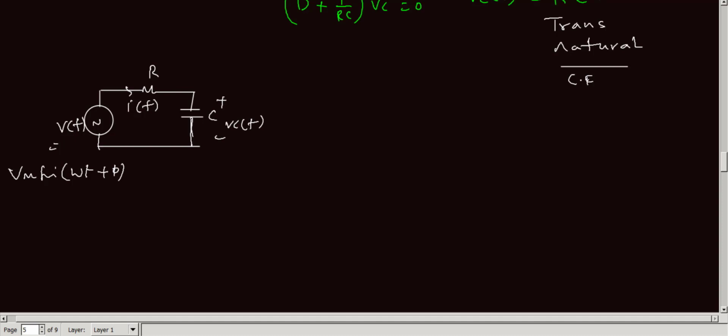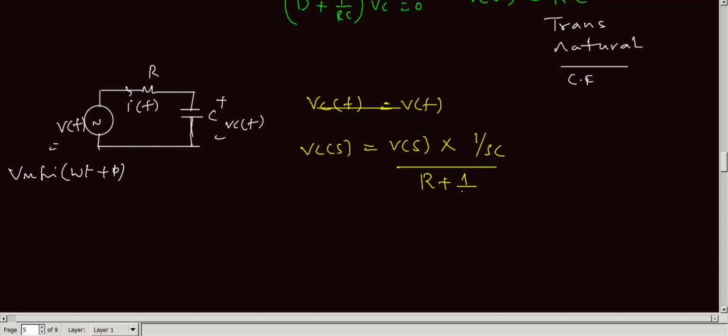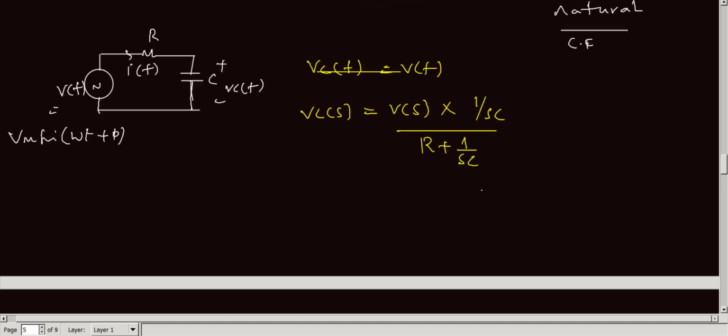I want to do the steady state analysis, so I apply Laplace. Vc of s equals V of s into 1 by sC divided by R plus 1 by sC. So Vc of s by V of s equals 1 by 1 plus sCR.